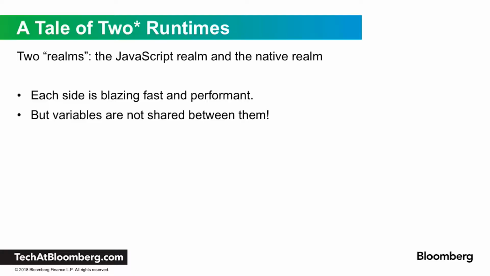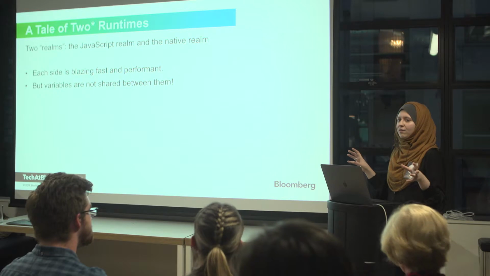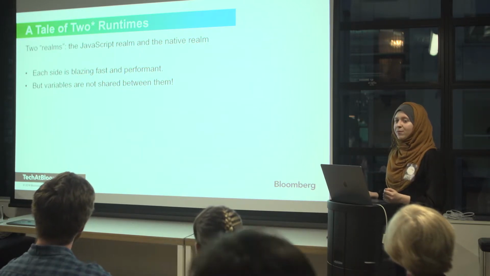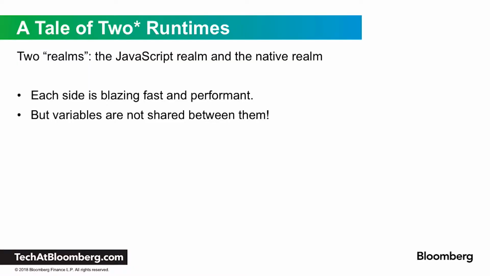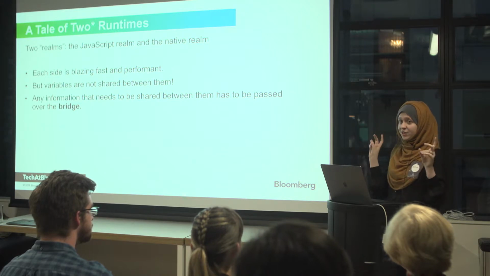JavaScript and Java or JavaScript and Objective-C aren't directly interoperable, so we have to deal with these two things working in separate silos. So how do we get them talking to each other? This happens through, as has been mentioned previously tonight, the bridge. Any information that you want to send from one side to the other, be it native to JS or JS to native, has to pass over this bridge.